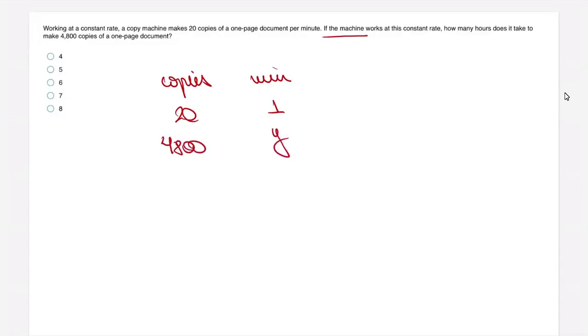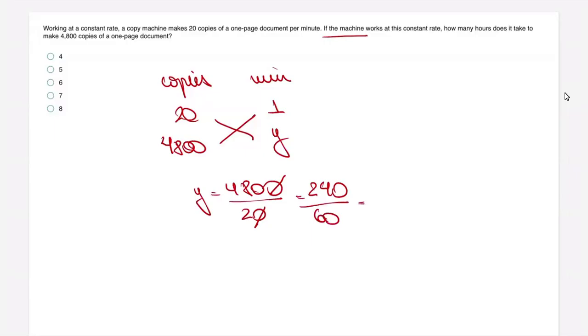First, you do it in minutes. Just cross multiply because they are directly proportional. So y is 4,800 divided by 20, which is 240. This is in minutes. If I divide by 60, it will be in hours. 4 hours. Easy? Okay.